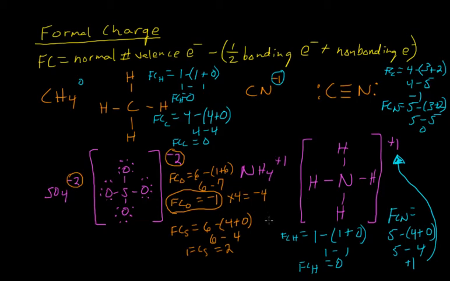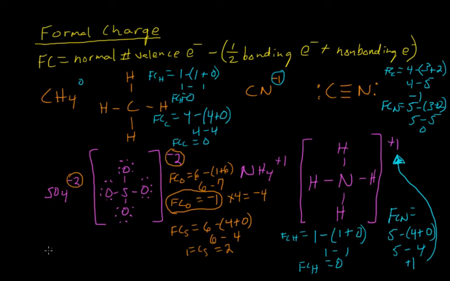For example, in the SO4 -2, each one of these oxygens did have a formal charge of -1, but that's because all of them had 6 non-bonding electrons and 1 bonding pair of electrons.